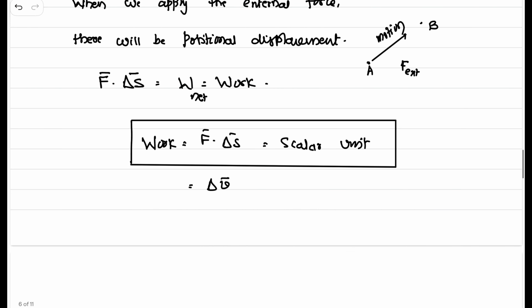Here I am bringing the velocity vector into the picture. Change in velocity vector into some constant.